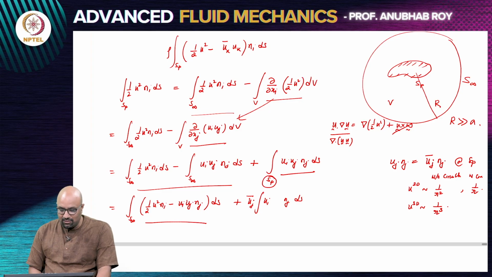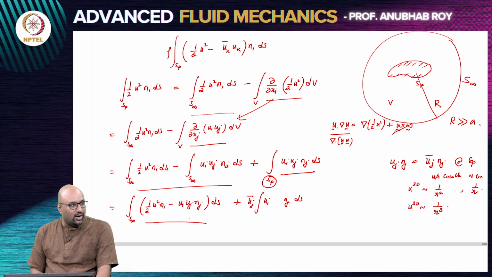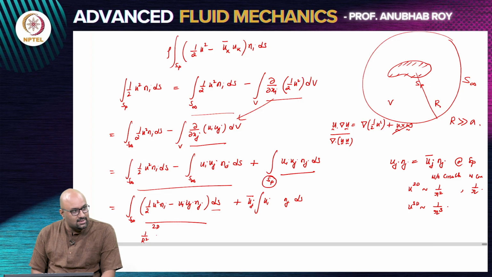So, now you check each of these cases. The term inside the bracket is u square. So, in 2D, that term will go at least as 1 over r square. And how does dS behave in 2D with r? It is the perimeter in 2D, the surface area for the two-dimensional circuit.